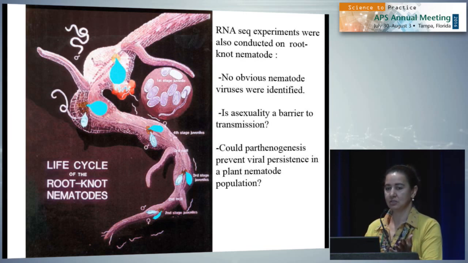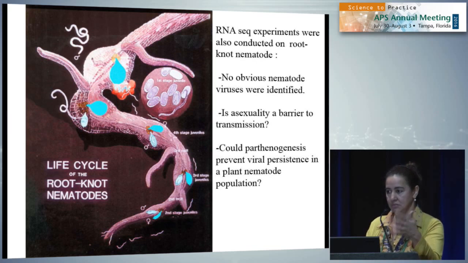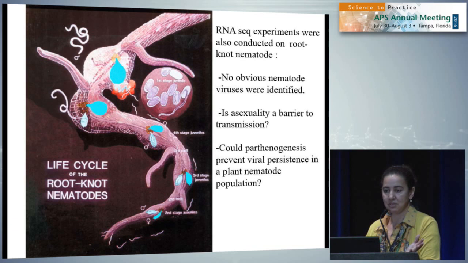Usually when you stress the root knot nematode, you get more males, and then we can see if we infect them with some of the soybean cyst nematode viruses and keep sexual reproduction going, maybe there will be a chance for the viruses to persist. But this is all speculative at this point. We were just surprised by the results.